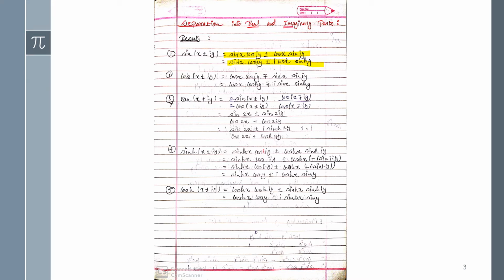I'm highlighting, guys, this is with i, this i, and this one sin hy. Okay, so same for the cos, same for the tan, and same for the sine hyperbolic. Here it was for the sine real functions, and here we are applying it for the sine hyperbolic function. So here you are given sin h of x plus or minus iy, as well as cos h of x plus or minus iy.